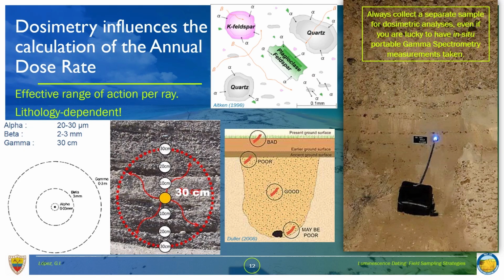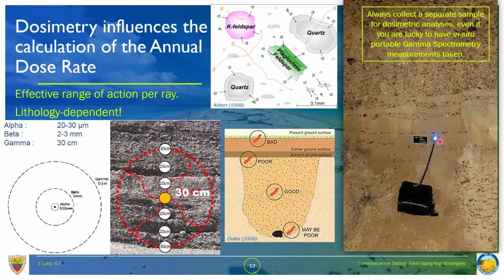So in your sediment, you're going to have the influence of alpha, beta, and gamma rays at different distances. The alpha rays only influence 20 to 30 microns in distance, beta 2 to 3 millimeters, and gamma 30 centimeters. This is the reason why we have to be extremely careful when selecting the sampling spot, because everything around 30 centimeters should be homogeneous enough in order to have a homogeneous dosimetry, such as here, for example. I'm taking the sample in the middle of the unit, away from these other two different layers.